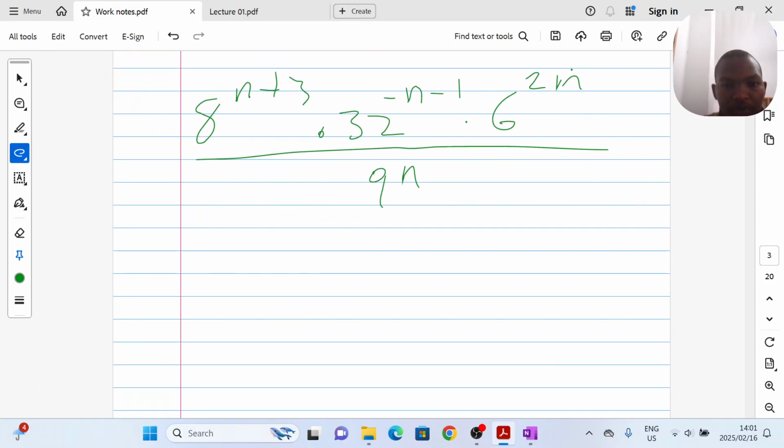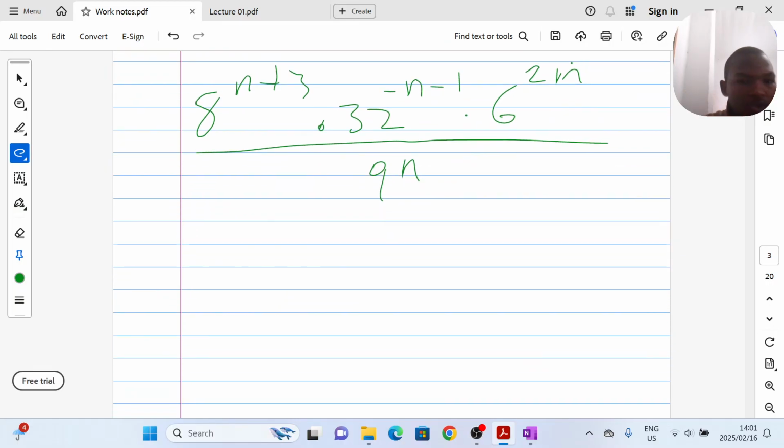Now how do we solve that? To solve this, all you have to do is, we want to change 8, we want to change 32, we want to change 6, we want to change the 9, so that if there are some common factors we can cancel them out. That's why we're changing them.